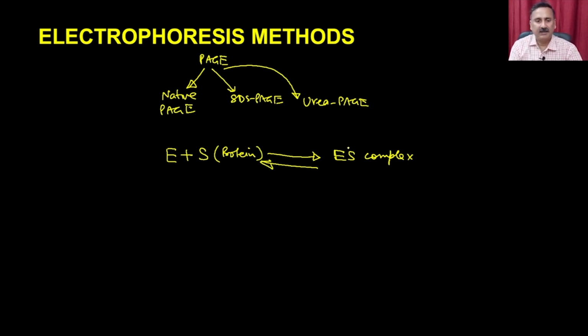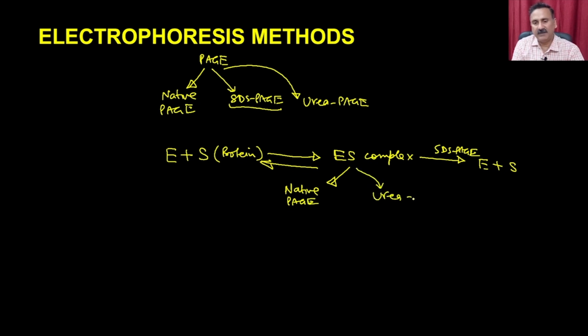So in that case, when you run the SDS PAGE, the enzyme substrate complex is going to be broken down, because the SDS is going to denature the three-dimensional structure of the enzyme, and as a result, it is going to break the enzyme substrate complex. So SDS PAGE is not useful when the enzyme substrate complex is not very robust. Then you have two options: you can run the native PAGE, and you can run the urea PAGE.